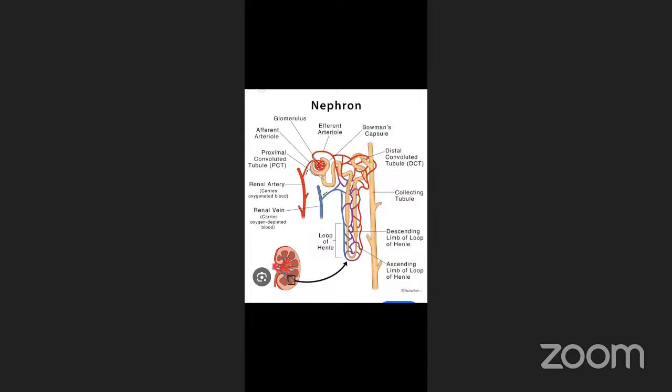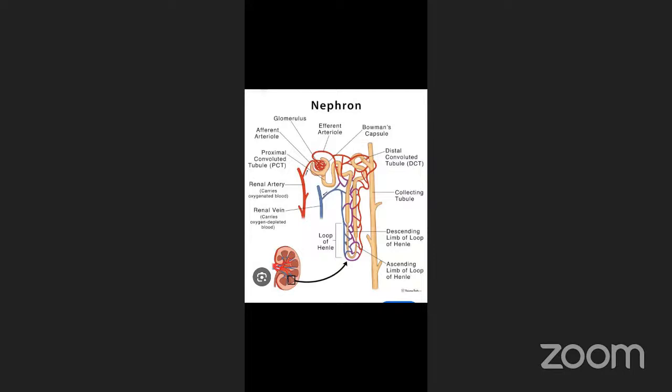So you have seen how salts are regulated and how water is also regulated. You can see now that by the time we get to the distal convoluted tubule, most of the substances have been reabsorbed back.